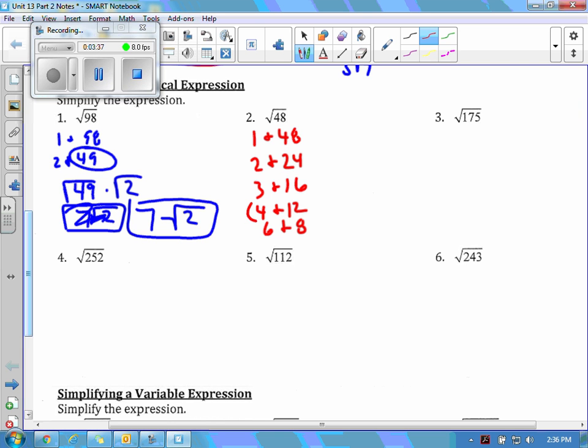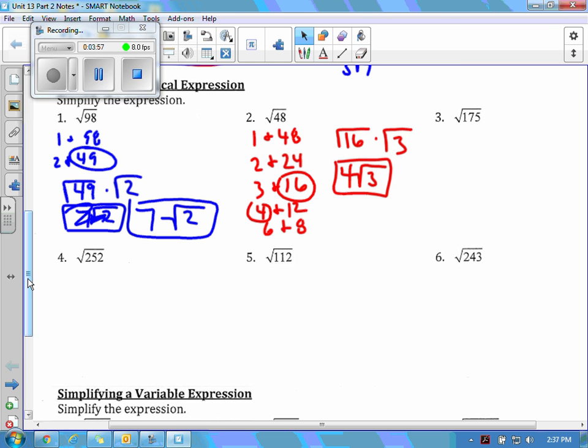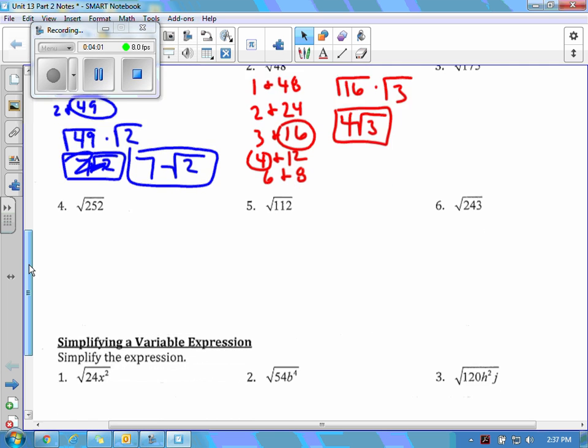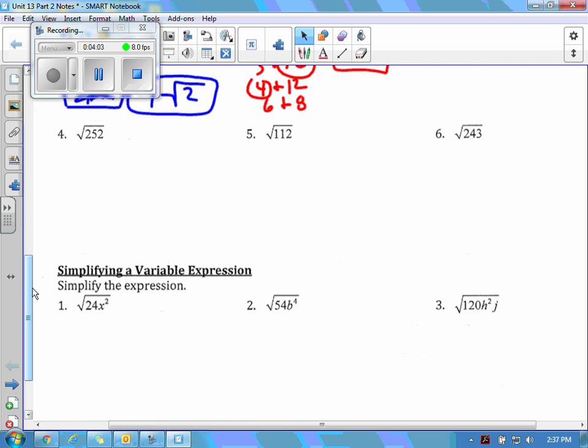So 4 and 16 are both perfect squares, but obviously 16 is the biggest one. So I'm going to split 48 into the square root of 16 times the square root of 3. The square root of 16 is 4. 3 does not have a square root, so 3 stays underneath the radical sign. So 4 on the outside, 3 underneath. Number 3, I'll leave for you guys. My only hint will be to think about money, think about quarters, figure that one out.